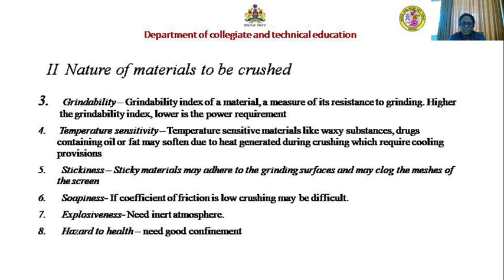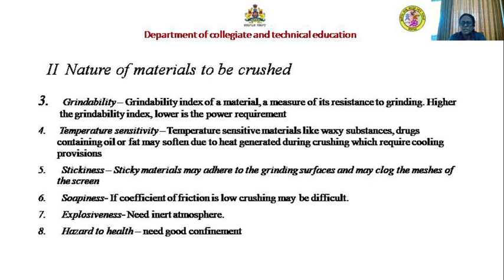Next comes temperature sensitivity. Certain materials will undergo chemical deformation when their temperature rises. Usually size reduction operation is an exothermic operation. Due to friction, some amount of energy in the operation gets converted to heat and the material is subjected to a change in temperature, that is, its temperature rises.